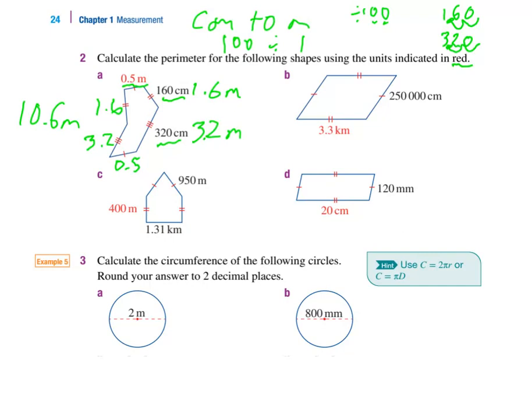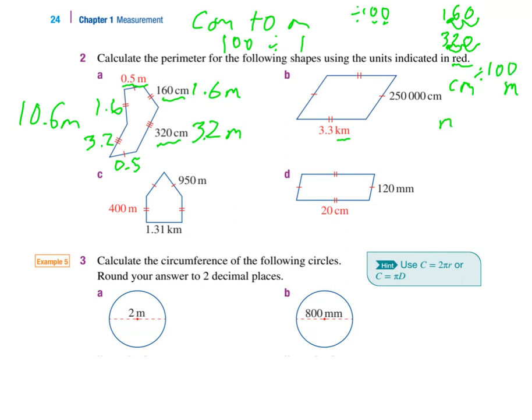When we get to B, we need kilometers. Because we've already got centimeters, we need to think how to get from centimeters to kilometers. First up, to go from centimeters to meters, we'll need to divide by 100 because there's 100 centimeters in a meter.